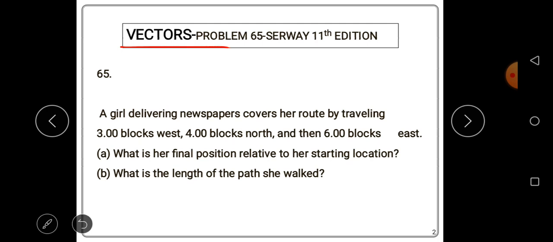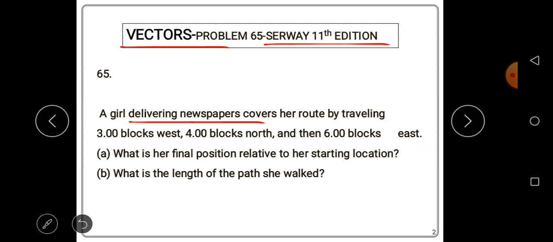The problem at hand is problem 65, coming from College Physics, Serway, 11th edition. The question reads: a girl delivering newspapers covers her route by traveling 3 blocks west, 4 blocks north, and then 6 blocks east.